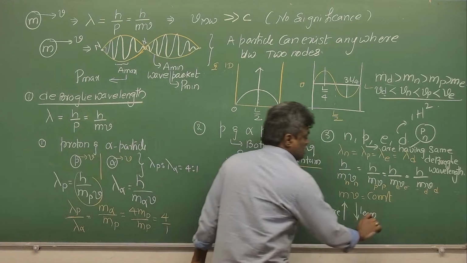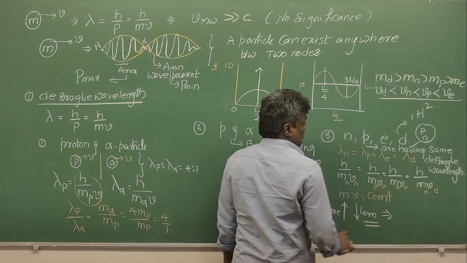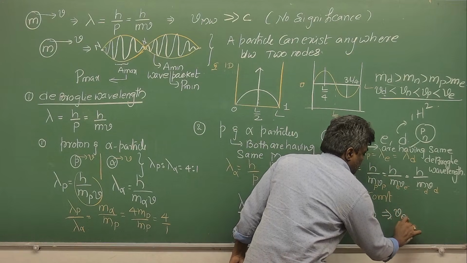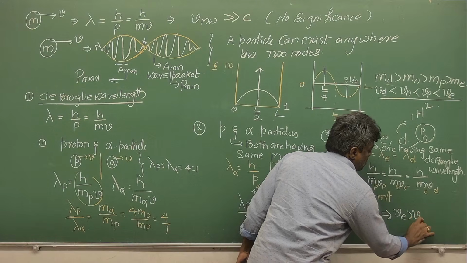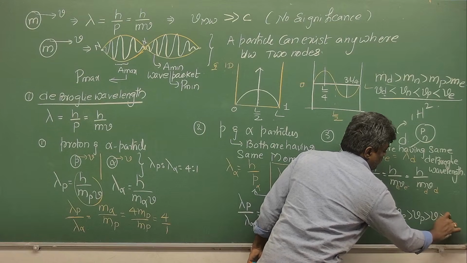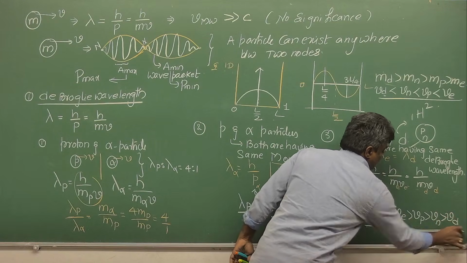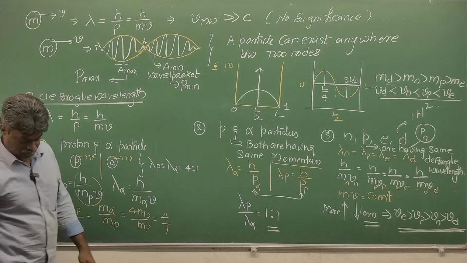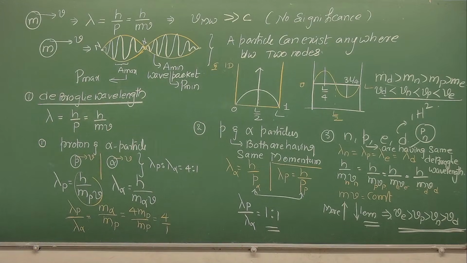Then finally the answer is: velocity of electron is greater than velocity of proton greater than velocity of neutron greater than velocity of deuteron. Online students, please don't give up, keep on trying.